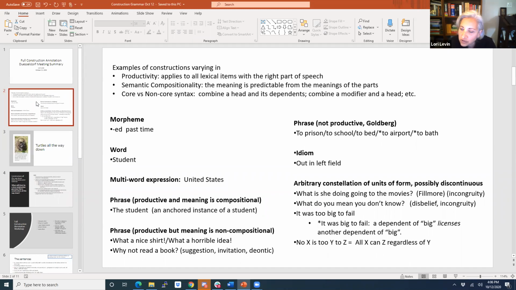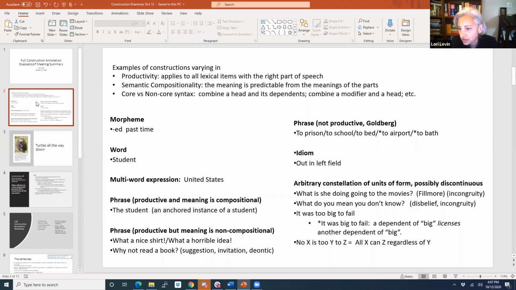So this construction of using a preposition for a destination, like she's going to prison, she's going to school, with a noun phrase that doesn't have a determiner, so to prison, not to the prison, is not a completely productive construction.